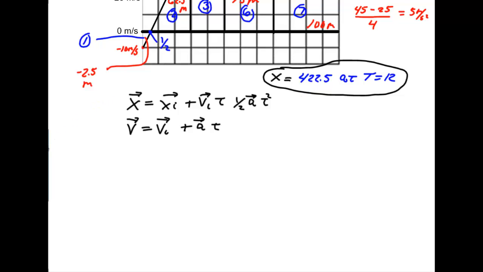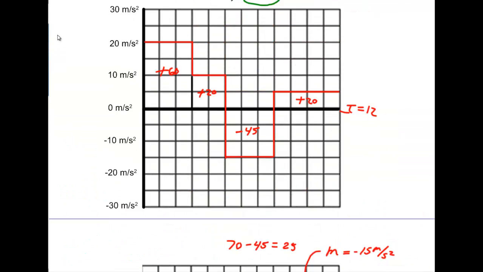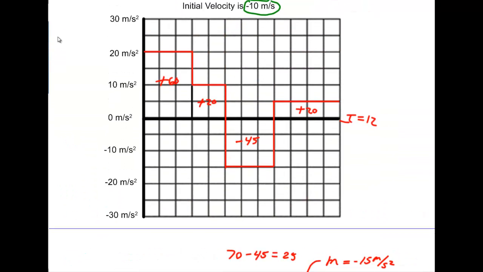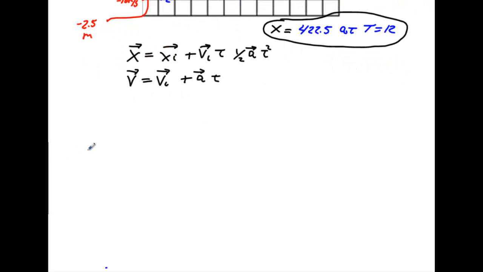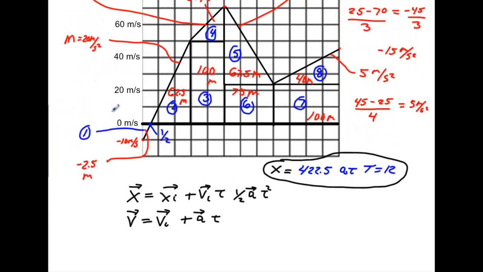Alright, so we'll start out. Come back to our initial velocity. Our initial velocity was -10. So we'll find out what our position is. We're going to do this in time increments. We're going to go between this time increment, which is 0 over to 3.